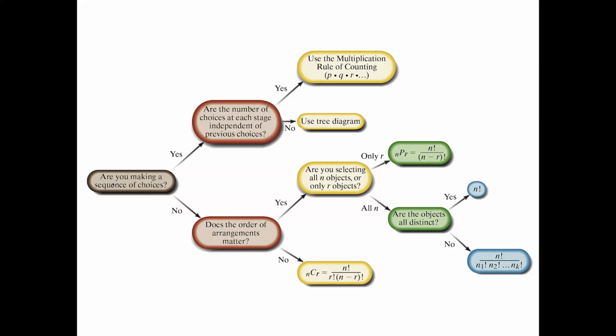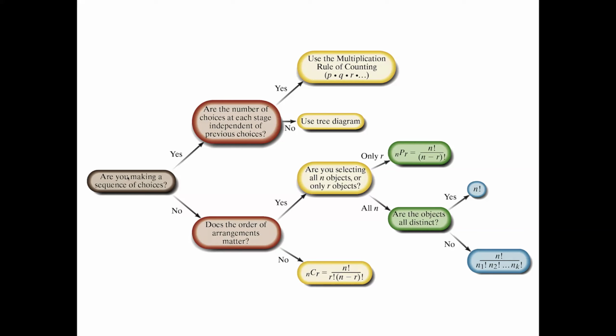We're not choosing one, then the other, then the other. We are not making a sequence. We're choosing R from a group of distinct N, both for permutations and for combinations. So the key difference between permutations and combinations is, does the order matter?